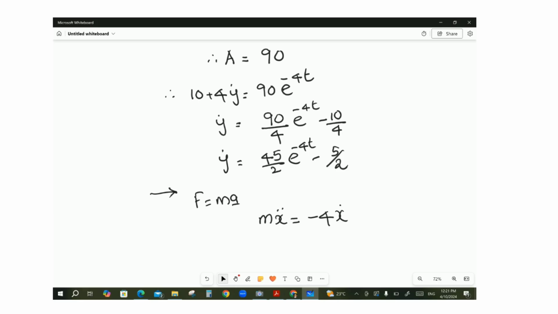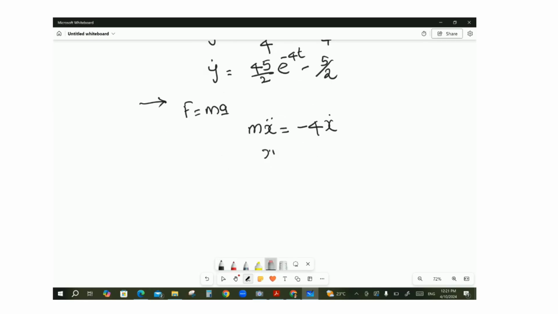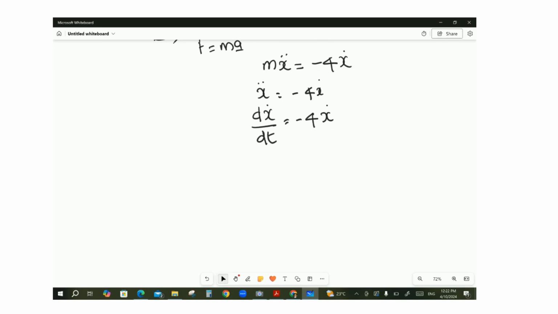Now m is equal to 1, therefore x double dot is equal to minus 4 x dot. Now x double dot means dx dot divided by dt is equal to minus 4 x dot. Then I can write dx dot divided by x dot is equal to minus 4 dt.